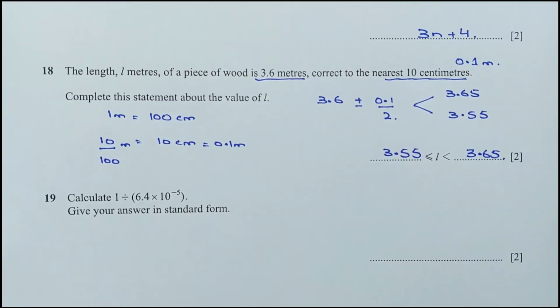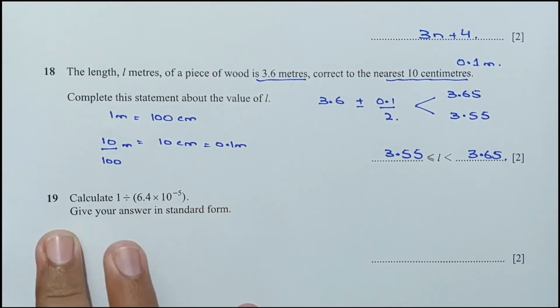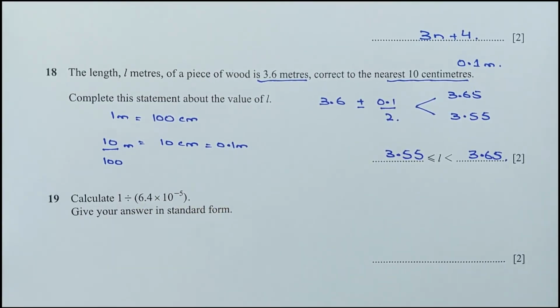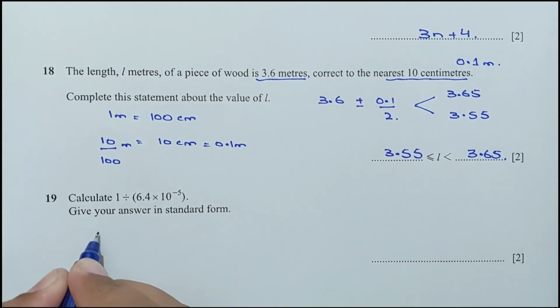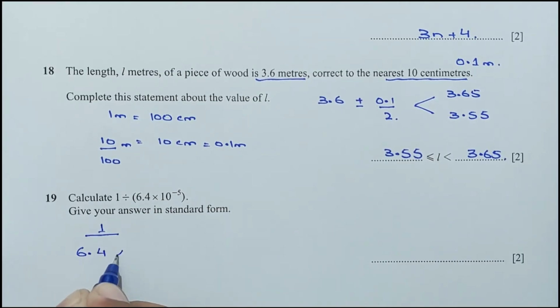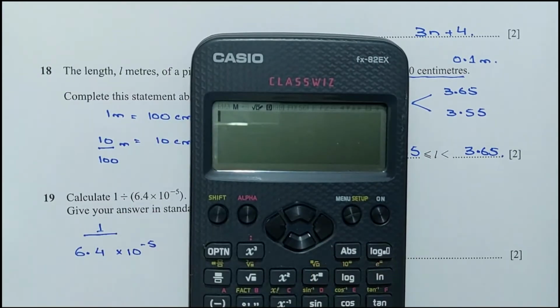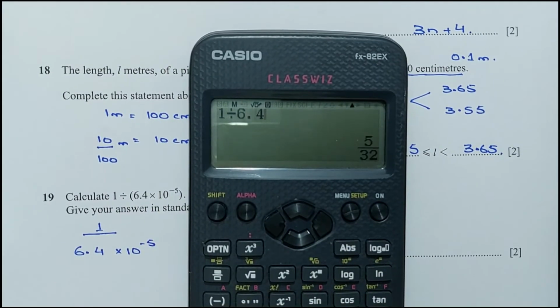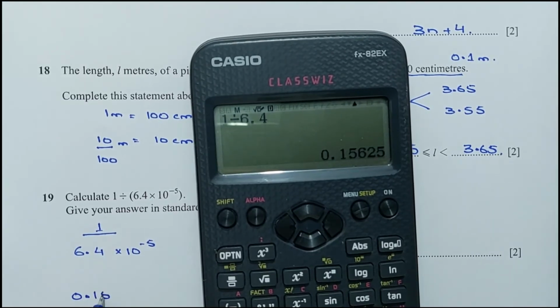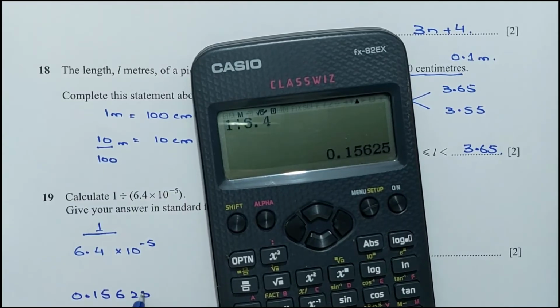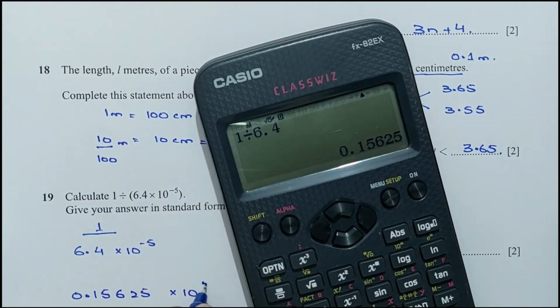Question number 19, calculate this and give your answer in standard form, right? Let me write this: 1 over 6.4 multiplied by 10 to the power negative 5, right? So 1 over 6.4, 1 divided by 6.4, is 0.15625 times 10 to the power positive 5.